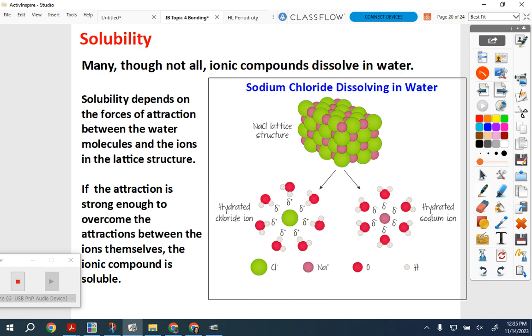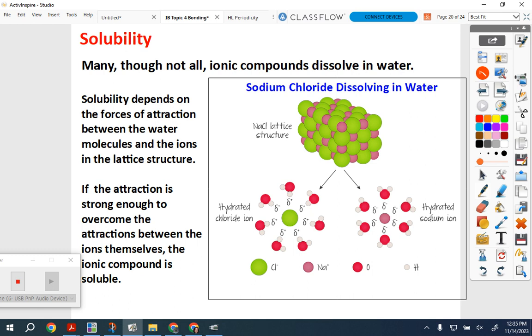The attraction between one partially positive or negative water molecule and the ion is going to be weaker because it's not a full ion. It's only partially positive or partially negative. But if we can get a whole bunch of water molecules around each one of these ions, they're going to separate out, and that's going to swamp the effect of the charges holding the solid ionic compound together.